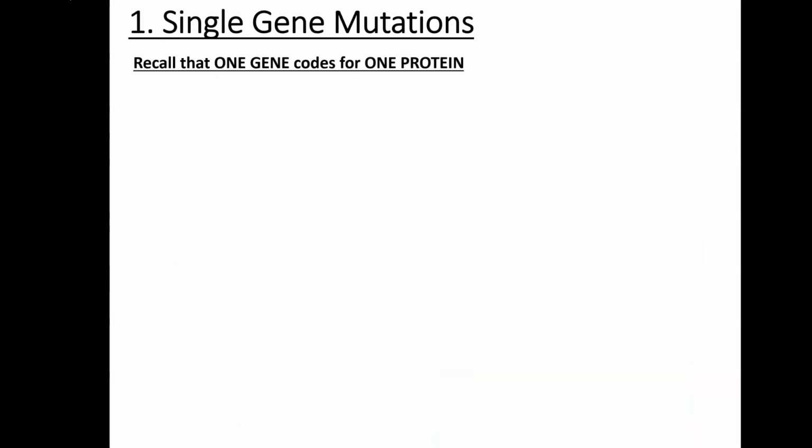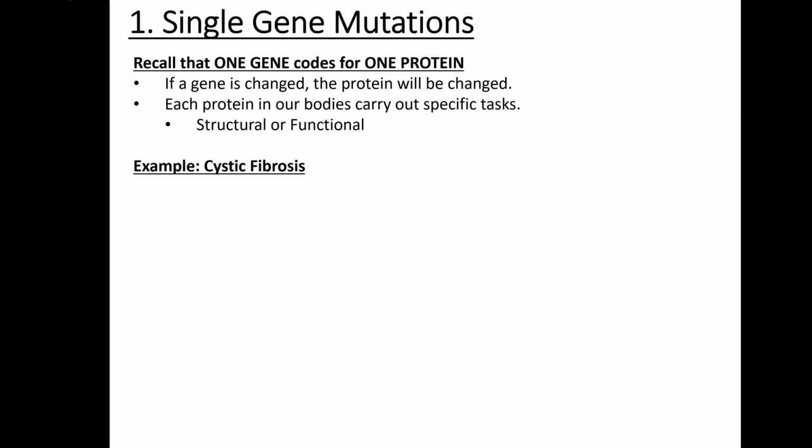So single gene mutations. Remember that one gene codes for one protein. So if a gene is changed, again, the protein will be changed. Each protein in our body carries out specific tasks, either structural or functional. For example, proteins make your enzymes, they make hormones that are so invaluable to our bodies. They are part of our cellular structure.